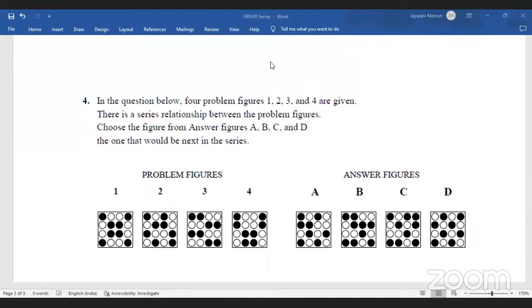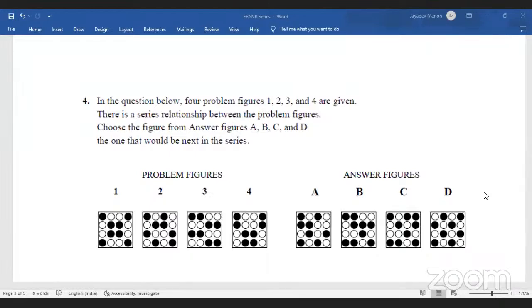Option D is correct. If you are looking at the problem figures here, in all figures, each row has 2 black circles and each column has 2 black circles. Each row and each column has 2 black circles.